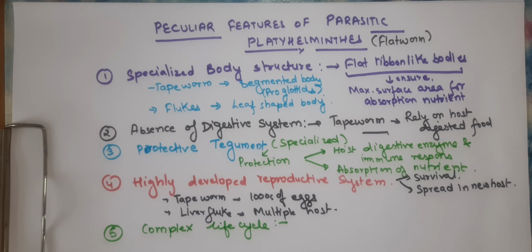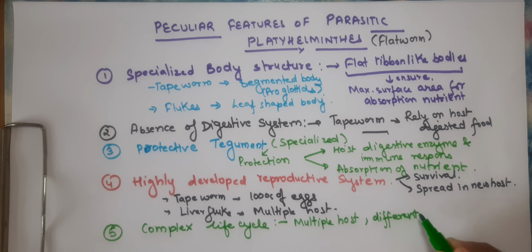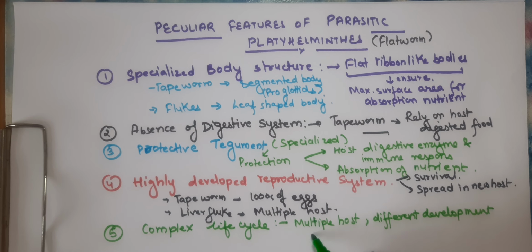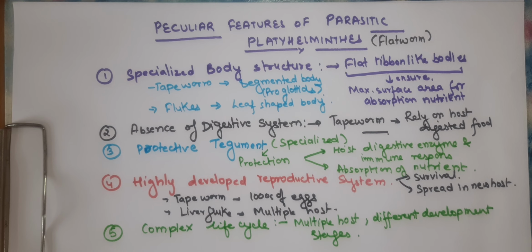Many parasitic helminths have a life cycle that involves multiple hosts as well as different developmental stages. Now this adaptation will increase their chances of survival as well as their transmission also. So they exhibit a complex life cycle.